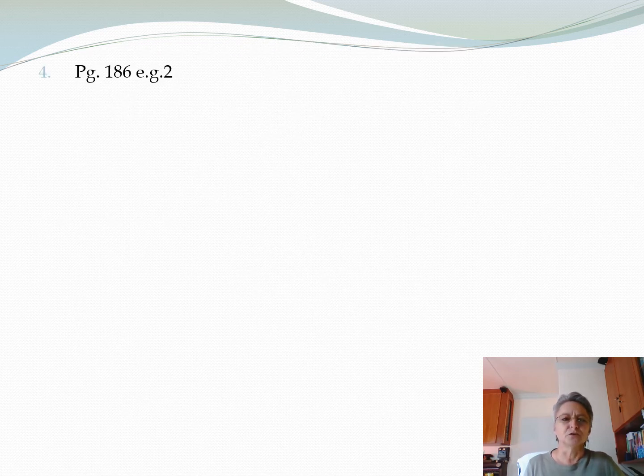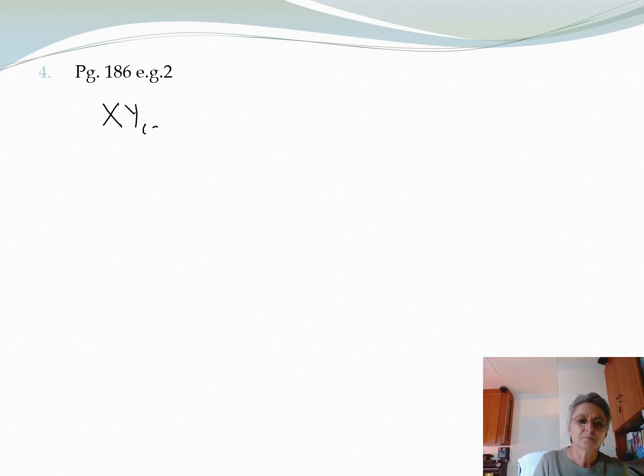Next we're going to do page 186, example 2. That's where I was a bit mixed up. Some solid XY3 is placed in a 2 cubic decimeter container and allowed to decompose.